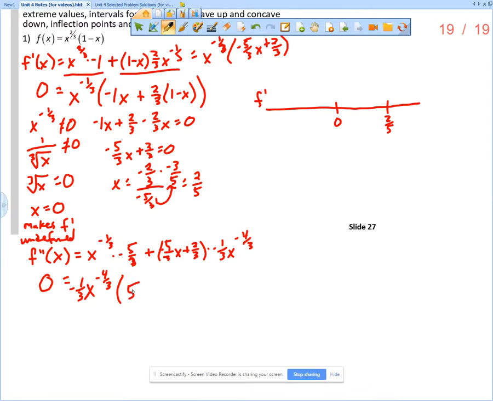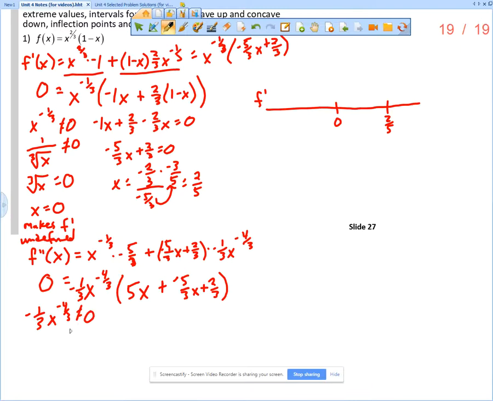So I have a 5, and then I have x to the -1/3, so I'd have x to the what? Well, -4/3 plus 1, once again, is -1/3, so this would be 5x. And then I have plus, now that I took out a -1/3 x to the -4/3, I just have the -5/3 x plus 2/3 remaining. Now I'm going to set each one of those equal to 0. -1/3 x to the -4/3 equals 0.